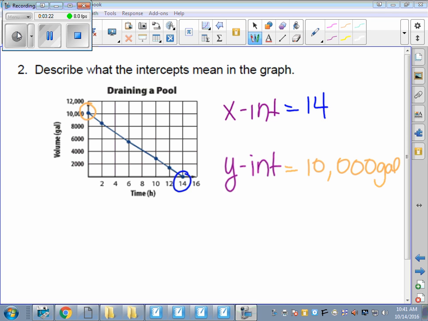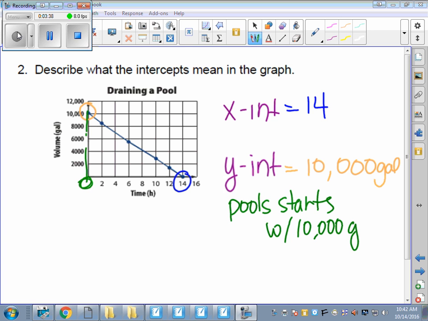So what does 10,000 gallons mean? Notice it's 10,000 gallons when the time is 0. So if we're draining a pool, would you agree that the pool starts with 10,000 gallons? So what does the x-intercept of 14 mean?